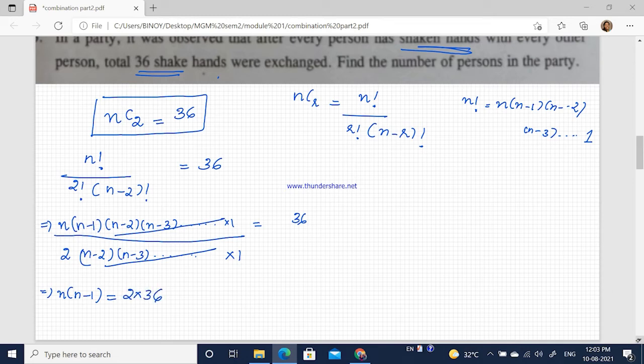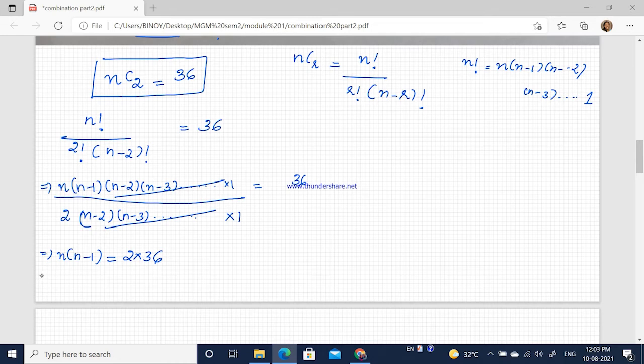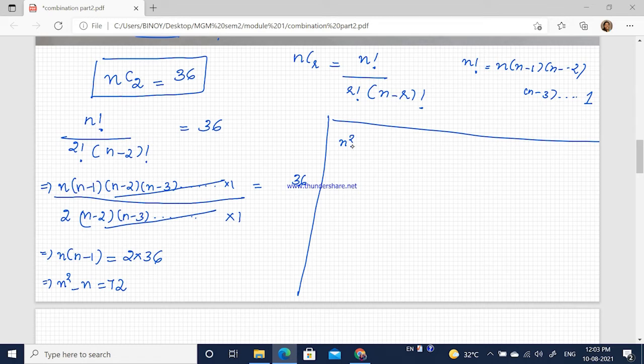So we got this in the form of a quadratic equation, that is n square minus n equal to 2 into 36, which is 72. So we are going to rewrite the quadratic equation: n square minus n minus 72 is equal to 0.